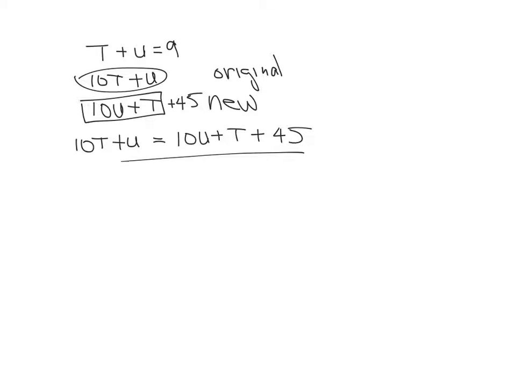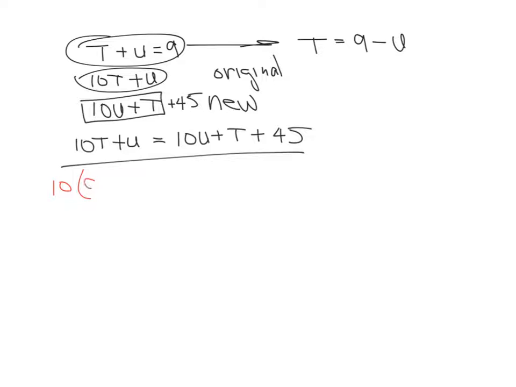Okay, so there's my equation, and there's my other equation, and again, if I use substitution and I write that as t equals 9 minus u, then wherever I see a t, I'm going to put 9 minus u. So here and here, I'm going to put 9 minus u. Okay, so let's do this in red. 10 times 9 minus u plus u equals 10u plus 9 minus u plus 45.